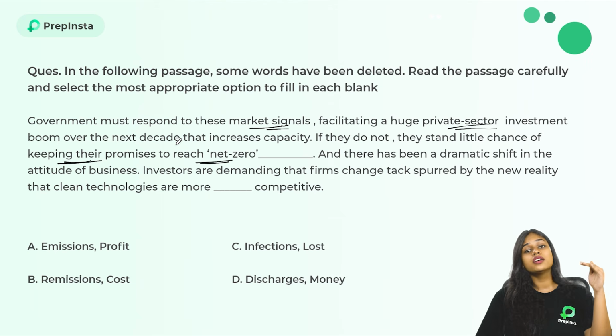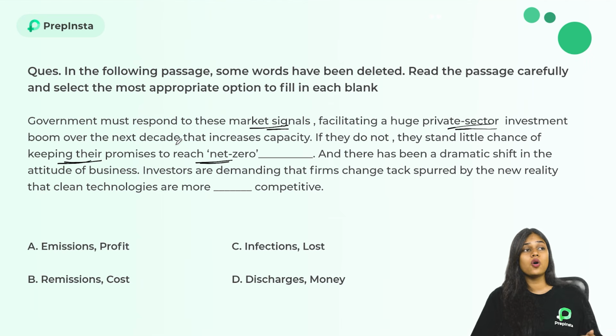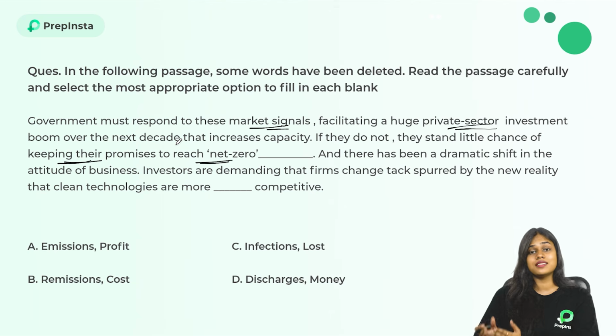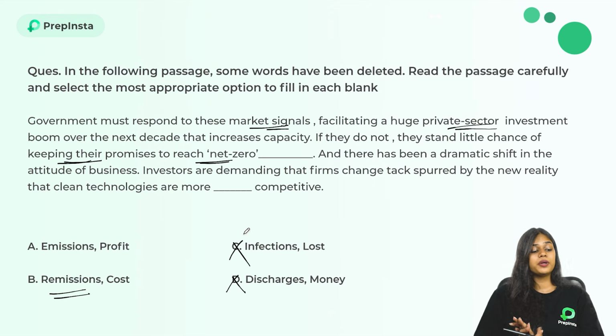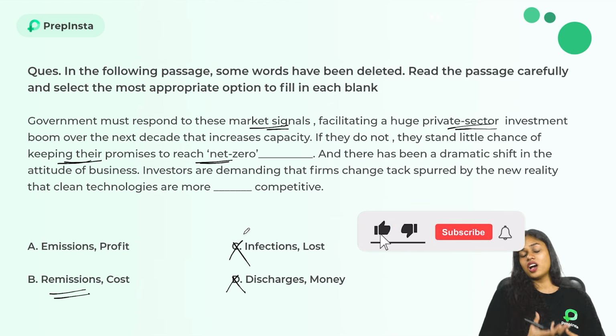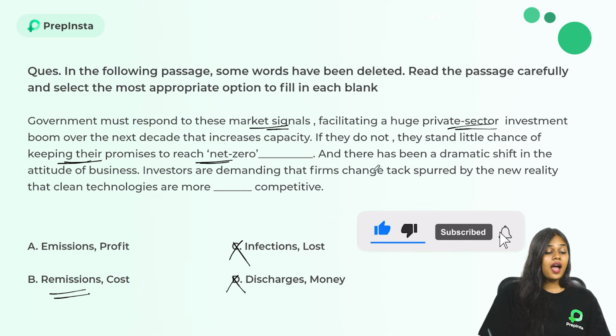So if you want to decrease your pollution level, if you want to decrease your environmental issues, you have to reach the net zero emission capacity. All right. So we have the word emissions over here. It cannot be infections or discharges because infections, obviously, are not related to the economy, or discharges, again, for the same reason.